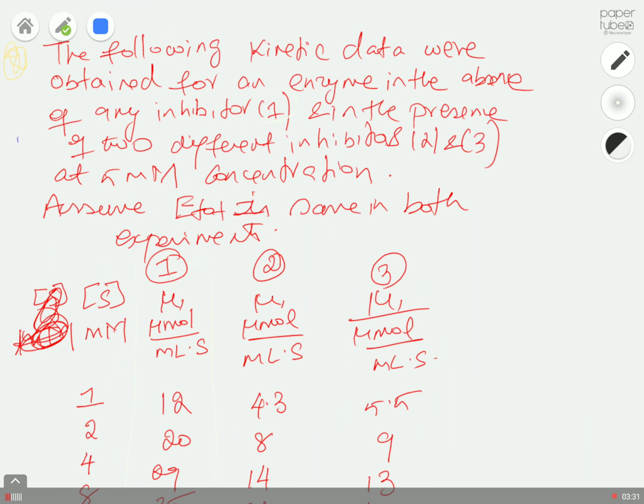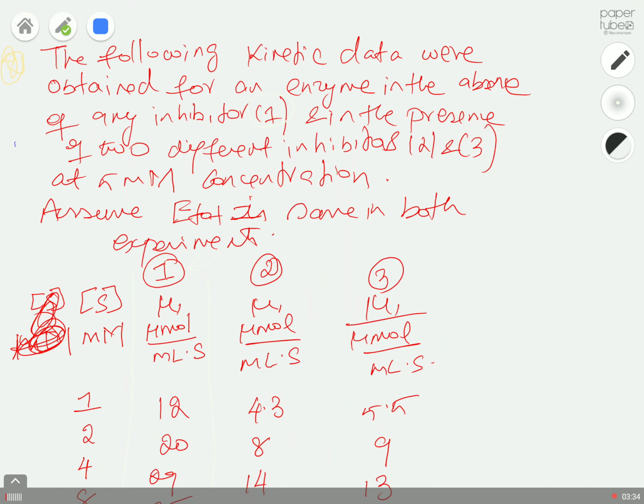And in the presence of two different inhibitors, they also did two more experiments with two different types of inhibitors, 2 and 3, and the inhibitor concentration is 5 millimoles. And then we are going to assume in all three experiments the total enzyme concentration is the same, when you perform an experiment with pure enzyme and with two different types of inhibitors, 2 and 3.